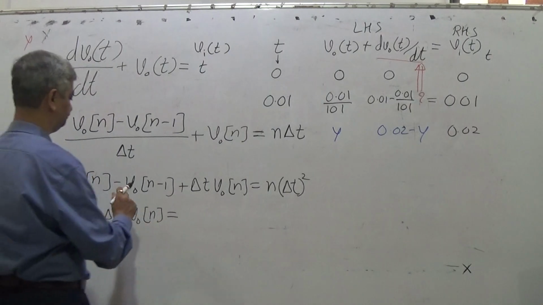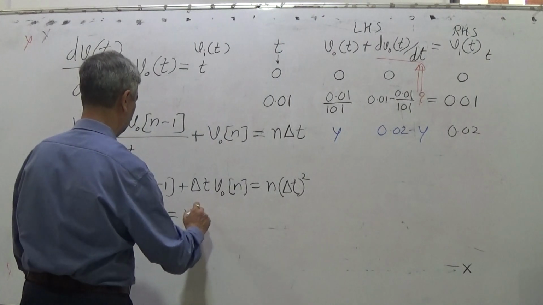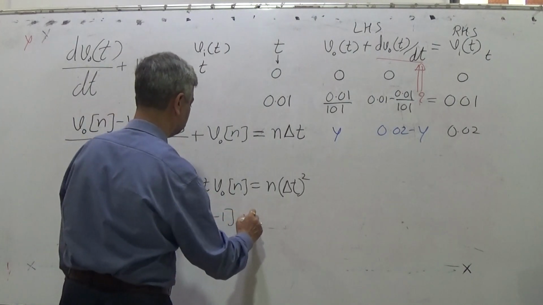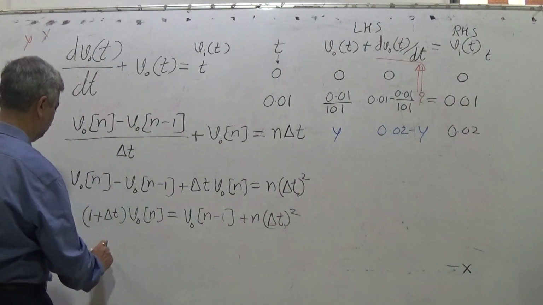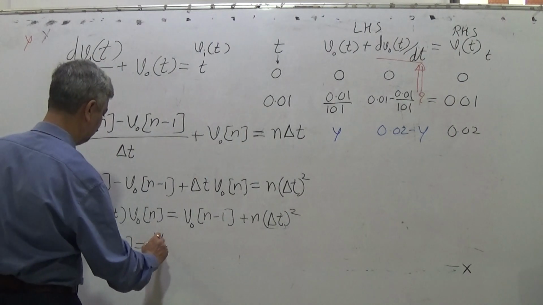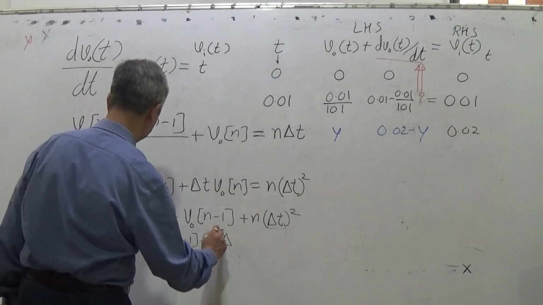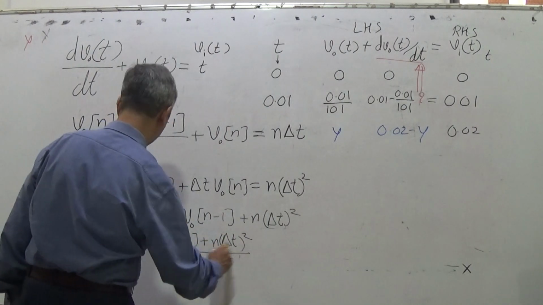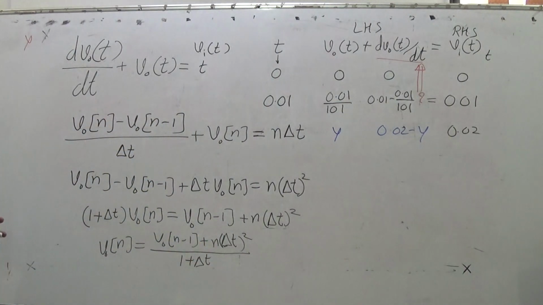is equal to Vo[n-1] plus n delta t square, this going on the other side. So Vo[n] is equal to (Vo[n-1] plus n delta t square) upon (1 plus delta t).